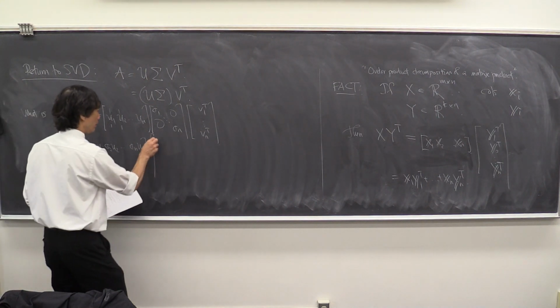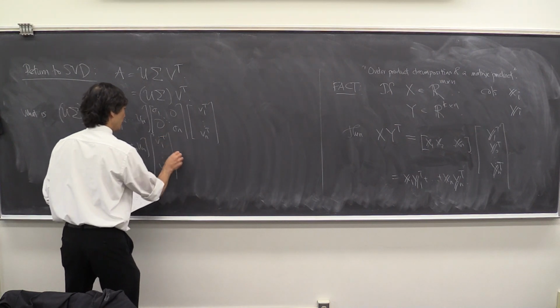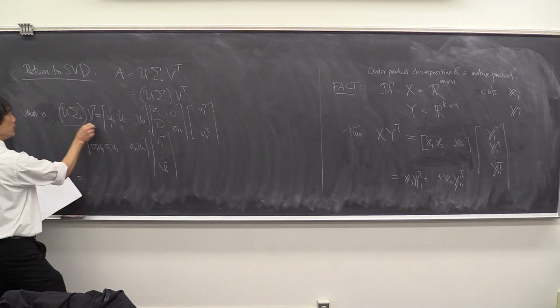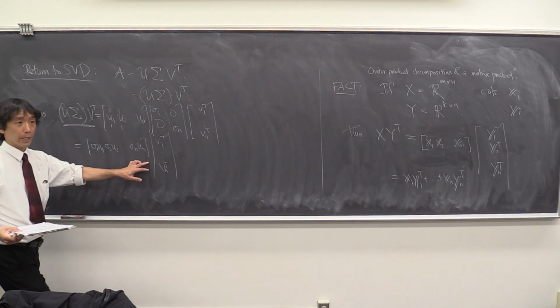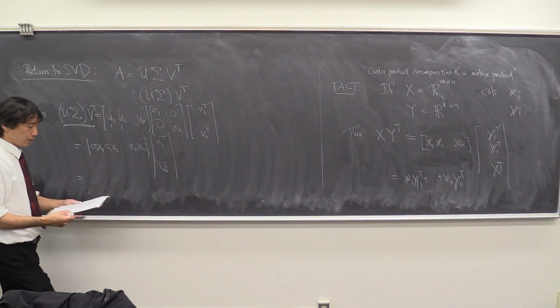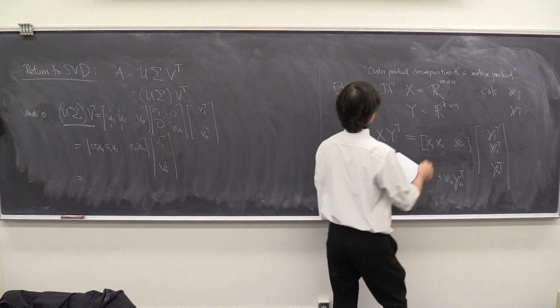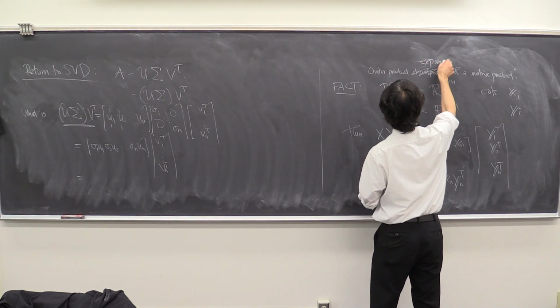And what you see is that the singular value decomposition can be recognized as a sum of outer products. I'm sorry, this should not be called a decomposition, but an expansion.